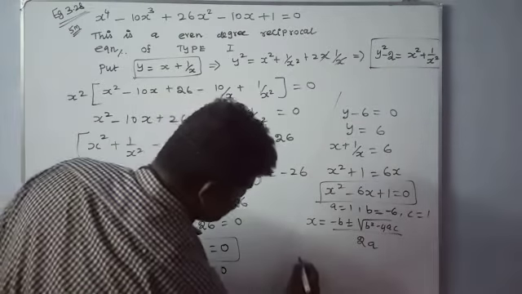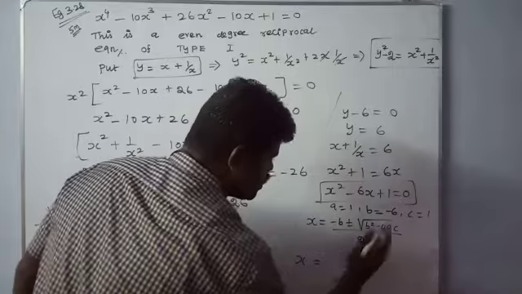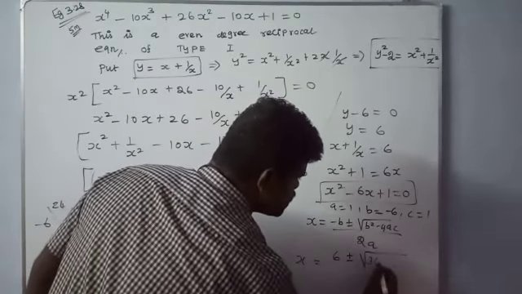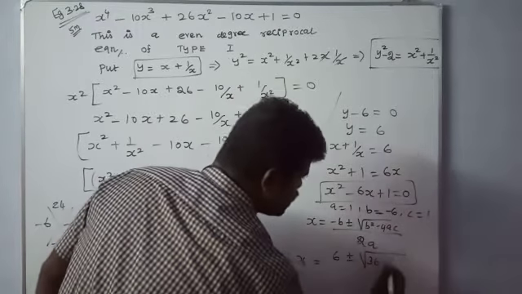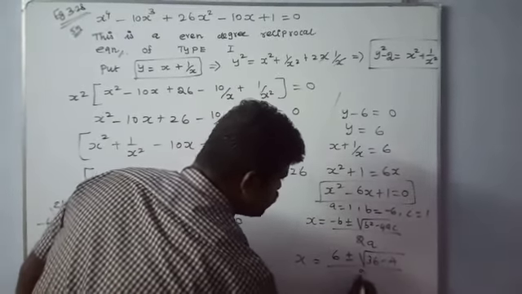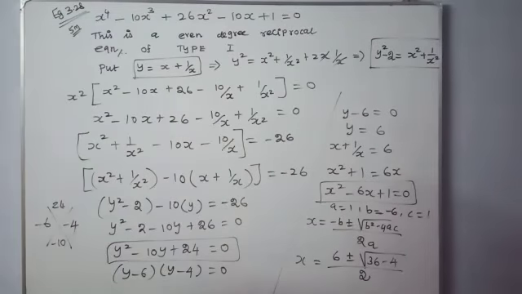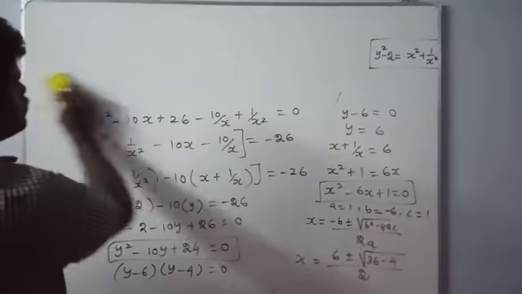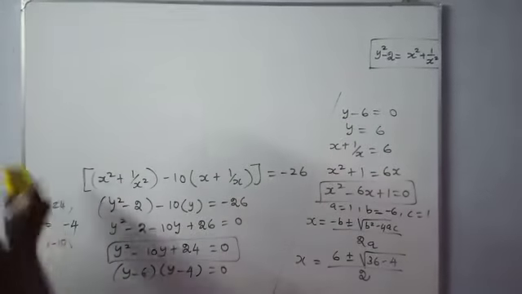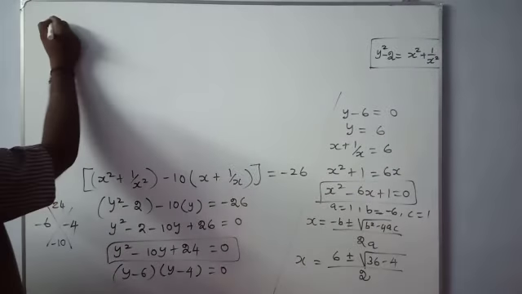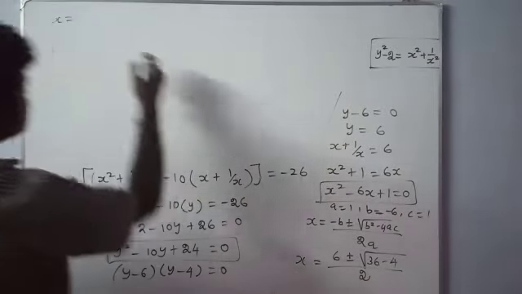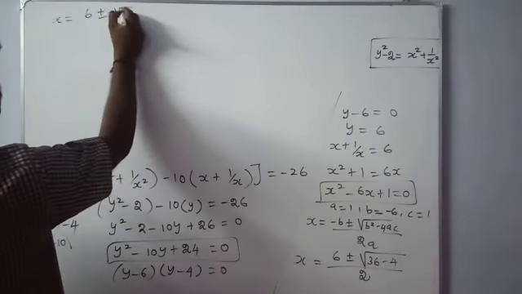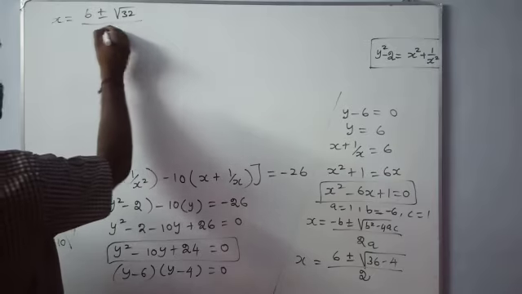So what is the value here? x is equal to minus b, which means plus 6, plus or minus root of b square, which means 36 minus 4 into a into c, answer 4 here, divided by 2a, which means 2 into a value 1. Now x is equal to 6 plus or minus root 32 divided by 2.